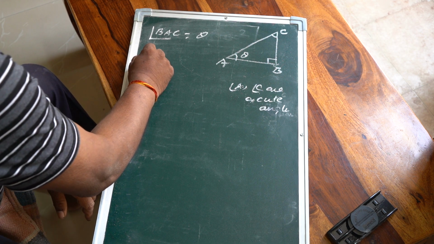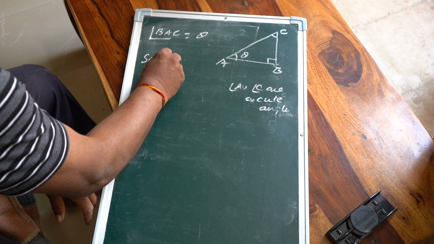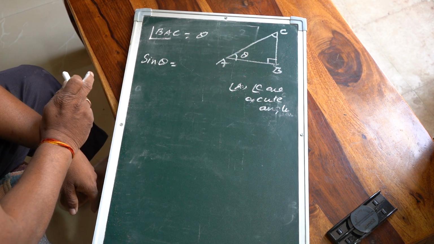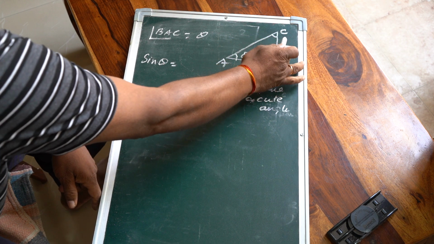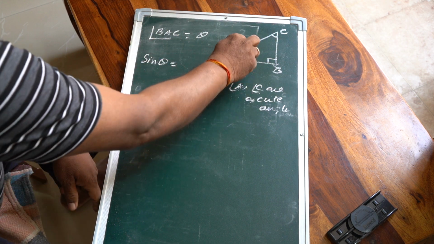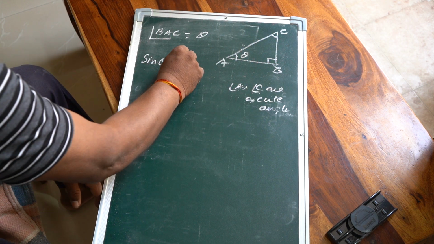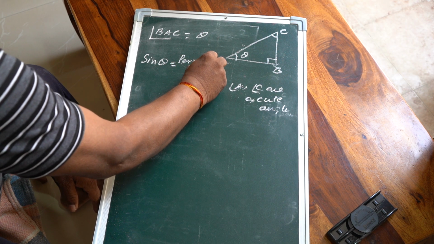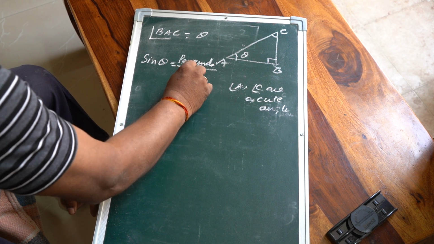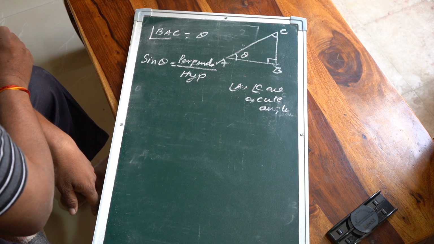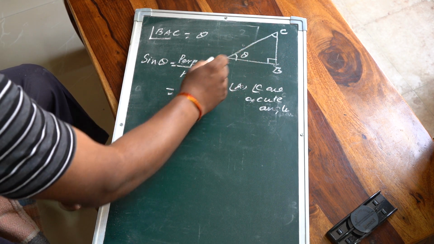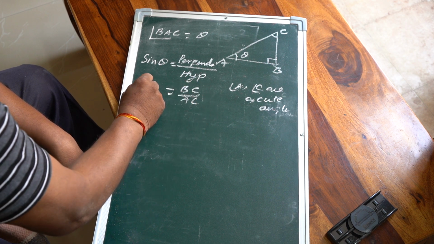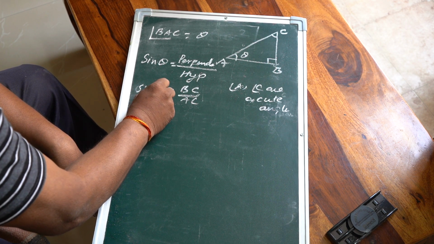So what is the value of sin theta? How can you find sin theta? Sin theta is the perpendicular side divided by the hypotenuse. The perpendicular side is BC and the hypotenuse is AC, so sin theta equals BC by AC.